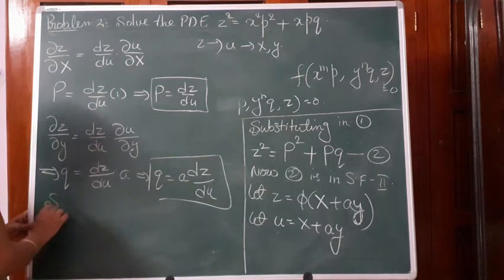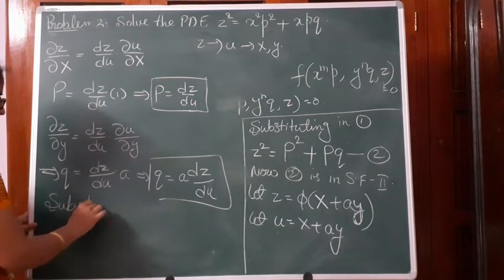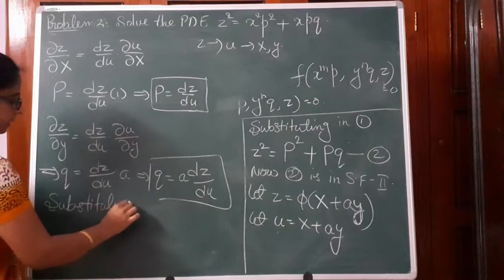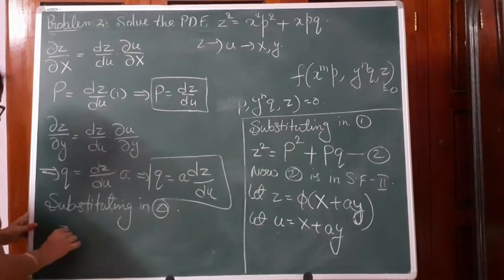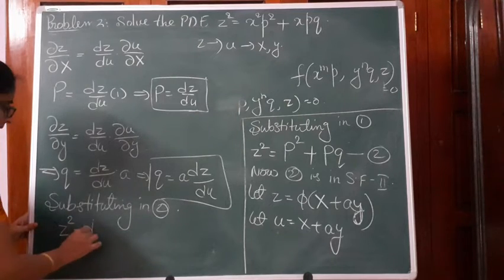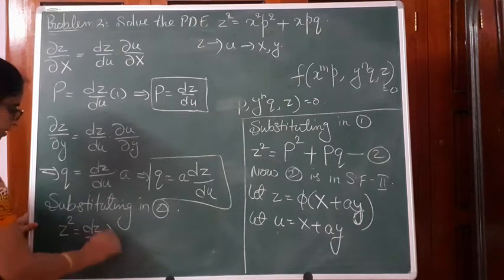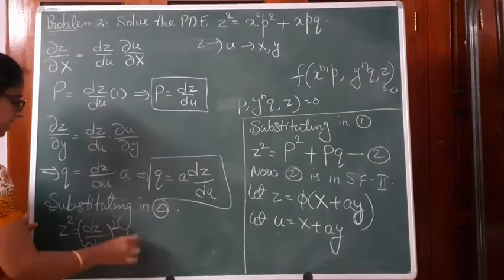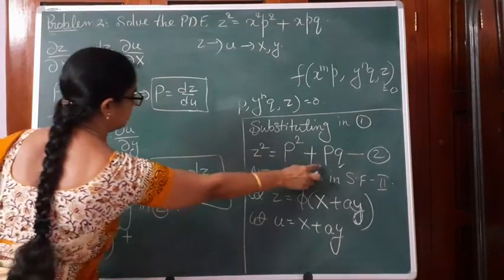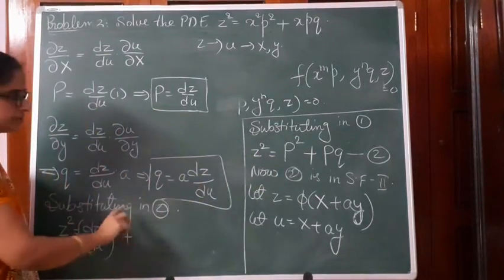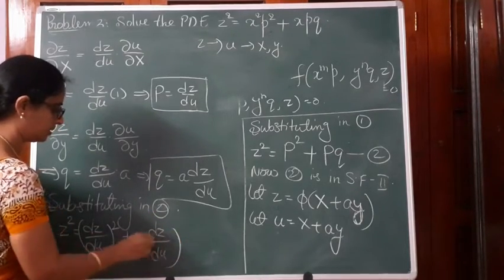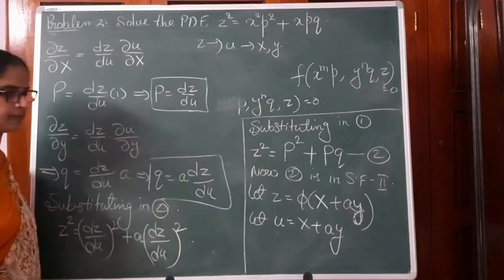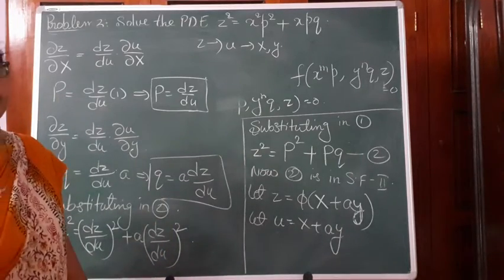Now substituting in 2, we get z square is equal to p square means dz by du whole square, plus p into q, where p is dz by du, q is a into dz by du. So pq is a into dz by du whole square. From this we derive dz by du, separate the variables and then integrate.